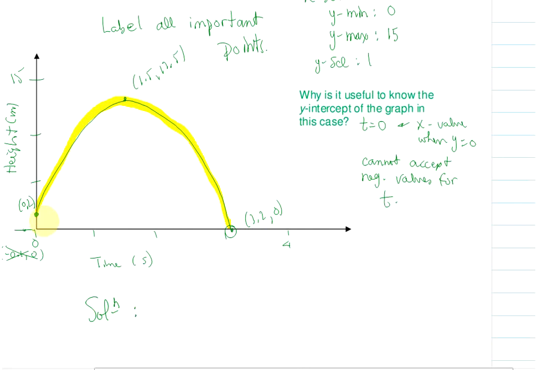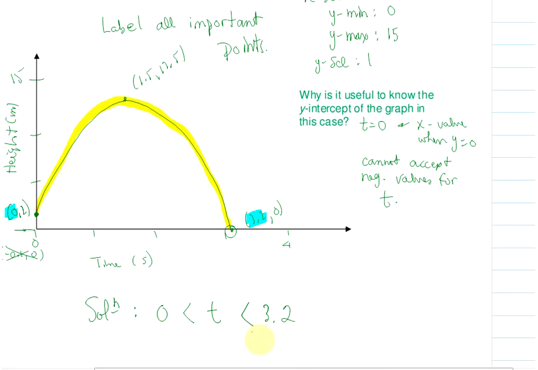Notice that the first point that shows up on our graph is at 0 and 2, and our x-coordinate at that point is what's important here, and at the other end too. And so when we write our solution, we go from 0 seconds to 3.2 seconds.